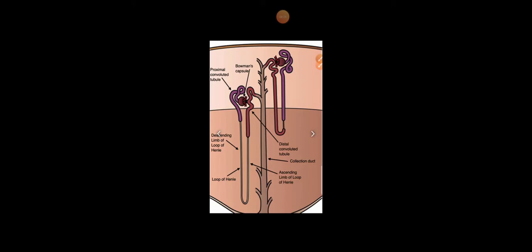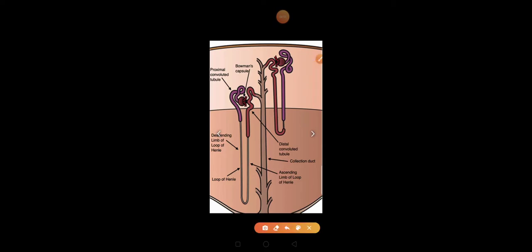Don't get confused, I'll explain one after the other. This is your one nephron. This is your another nephron. That means in the kidney there are many nephrons. So let's see one by one.